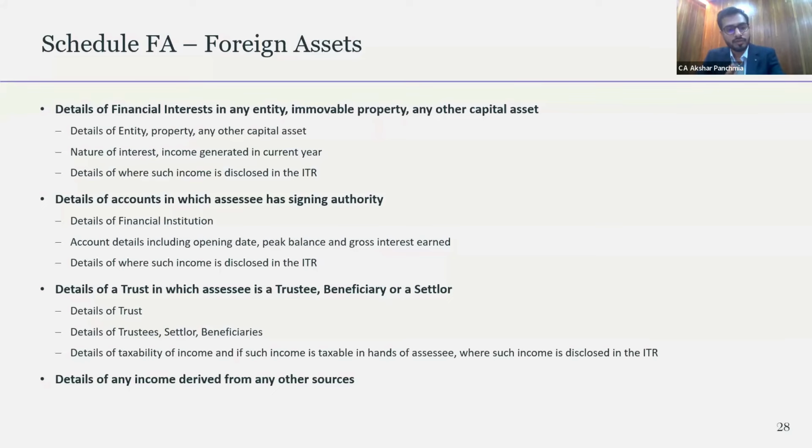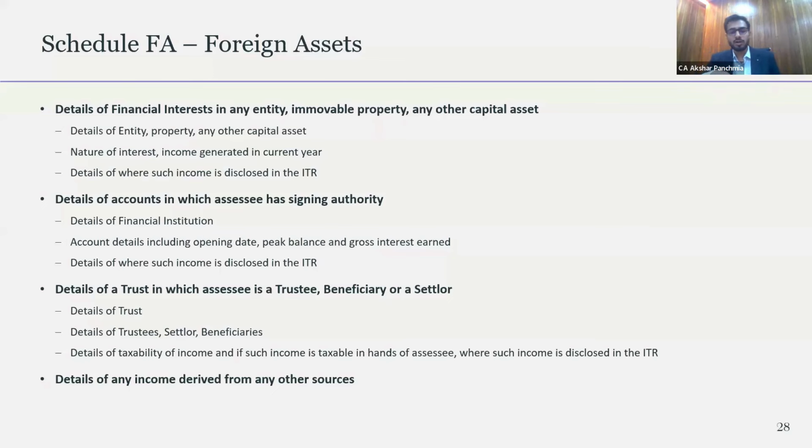You have to be very careful that your name has been removed from such signing authority, and where due to some overlooking or any other lapses it has not been removed, then all the details which are required over here should be received from the company.